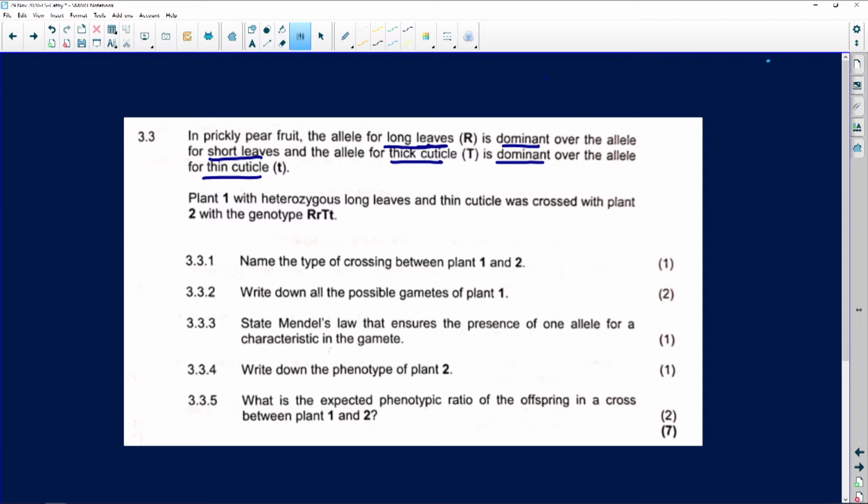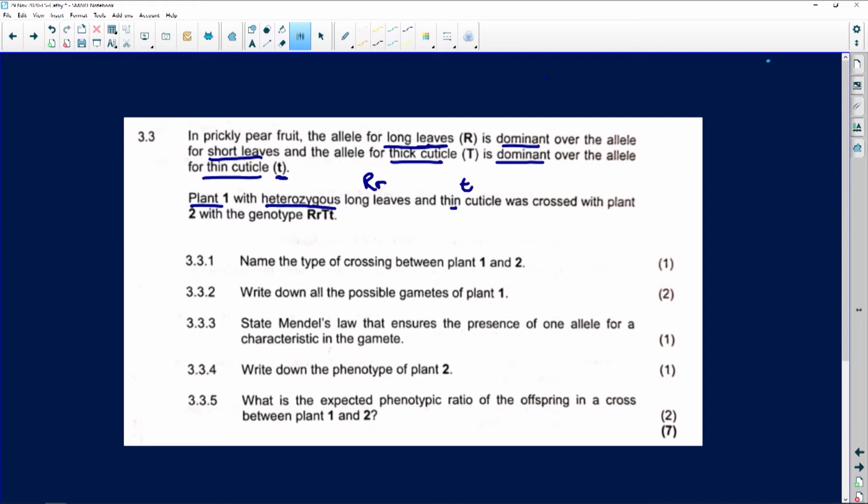All right, now they say plant 1 with heterozygous long leaves, which means it's going to be capital R, lowercase r, and thin cuticle. So if it's a thin cuticle, it means that it must have two recessive alleles.